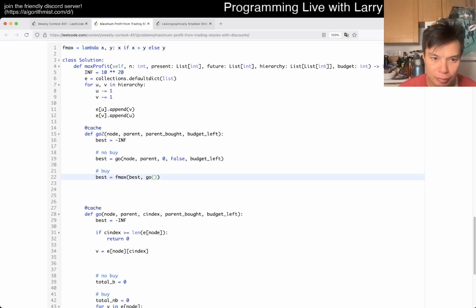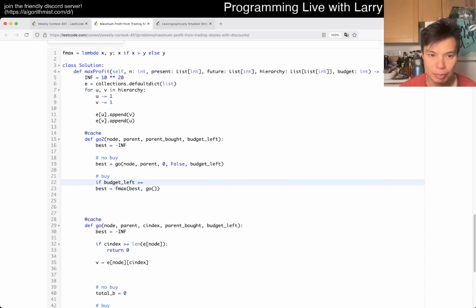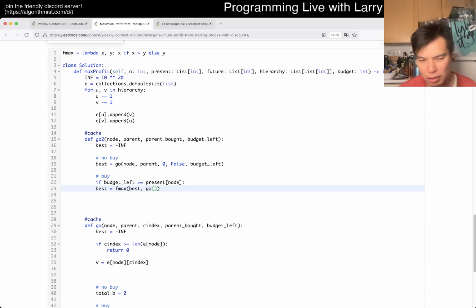go, and this is only if budget left is greater than or equal to present sub node. And technically, I don't know. I mean, maybe we should double. No, you may want to buy it for a loss if it gives you a profit in the beginning with your children. So maybe that's why.